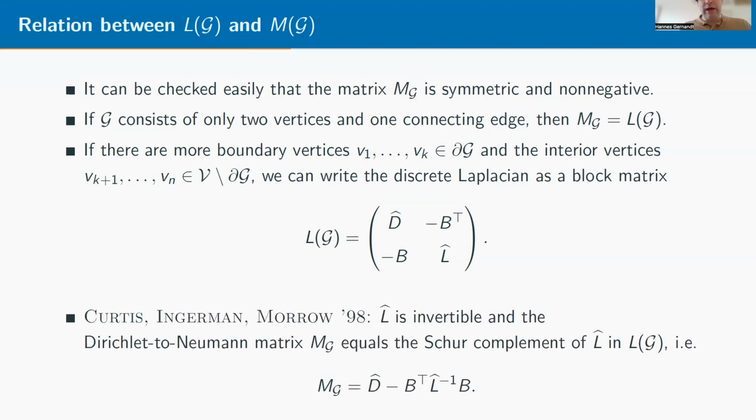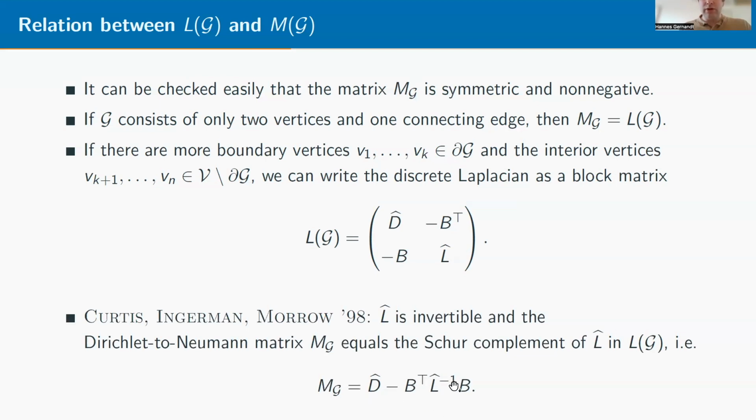Now there's a nice connection which was already observed by Curtis, Ingerman, and Morrow in '98. In fact, this L hat matrix here is invertible. And the Dirichlet to Neumann matrix, as I have defined it previously, is equal to the Schur complement, which is taken in this sense.